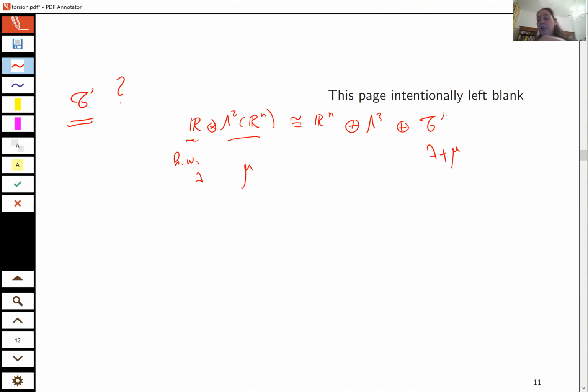And this is actually exactly this T prime. So in fact, T prime is the largest part of this decomposition. From the point of view of representation theory, there's nothing more to be said. The trouble is that in general, T prime has no geometric interpretation.